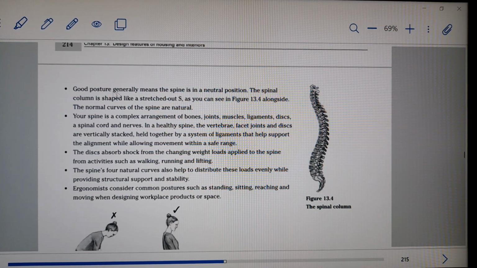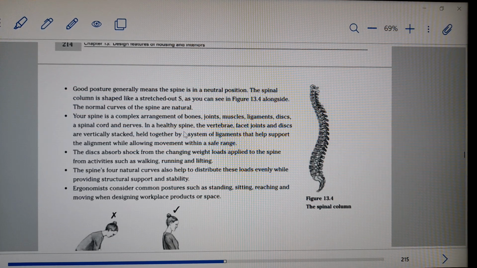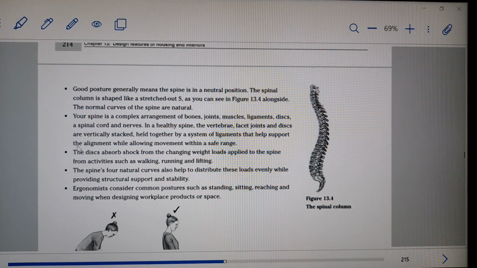Your spine is a complex arrangement of bones, joints, muscles, ligaments, discs, a spinal cord, and nerves. In a healthy spine, the vertebrae, facet joints, and discs are vertically stacked, held together by a system of ligaments that help support the alignment while allowing movement within a safe range.